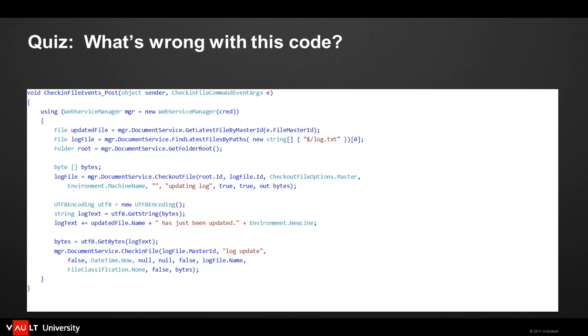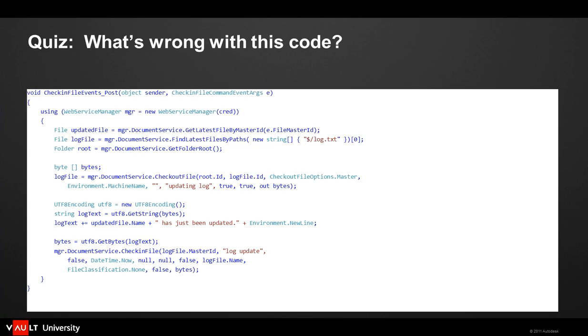So what this does is, I get my event, I start up my web service manager, and I get the file object for the file that's been checked in. Then I go to my log file, and in this sample I just hard-coded it. It's called log.txt, in the root folder.